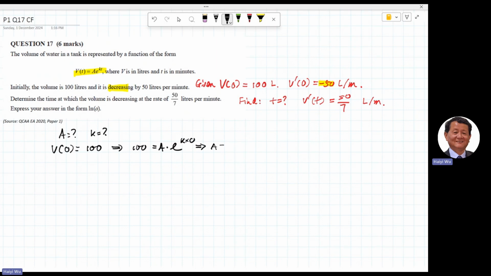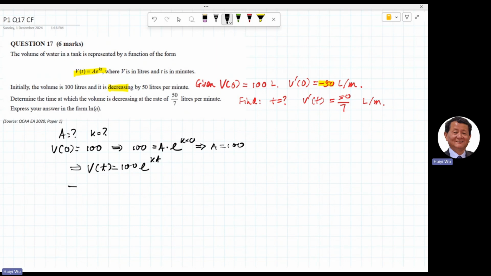So therefore A is 100. Therefore my volume formula becomes 100 e to the power of kt. Now we need to find out what K is.